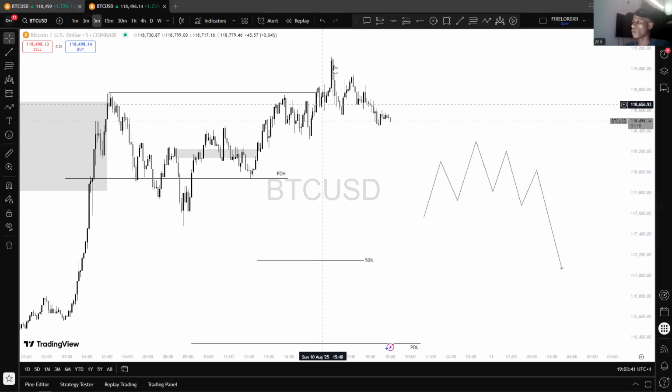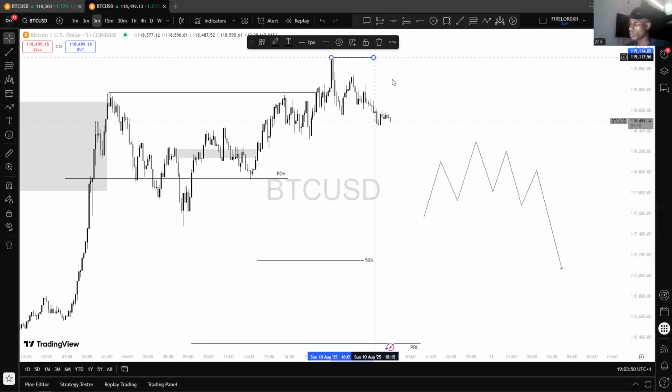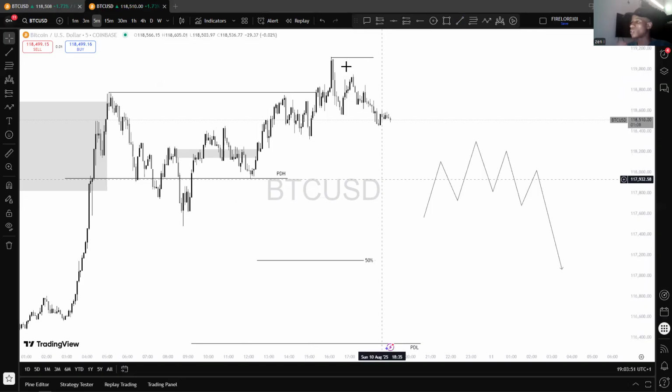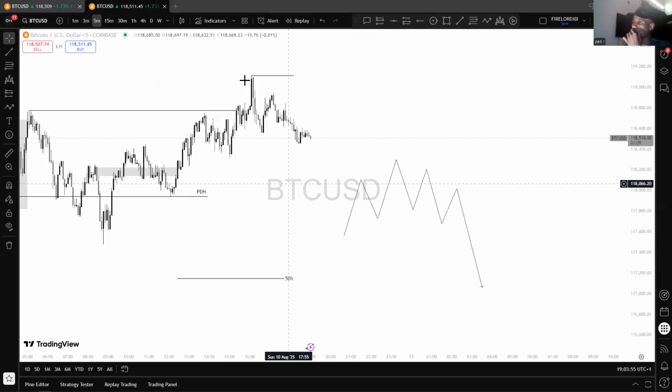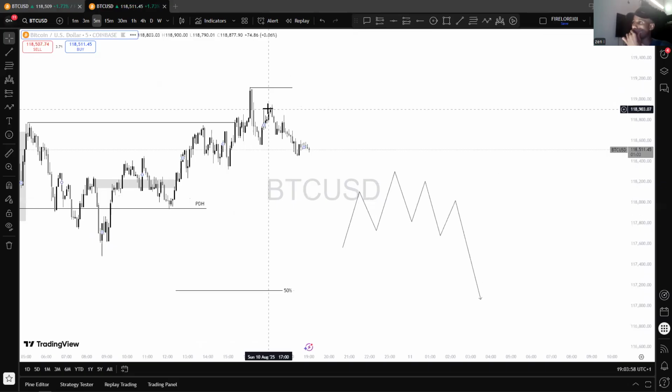Now, after price swept it, that is this guy. After price swept this guy, you could see that price pulled back, price then came back again and then we can see the market structure shift. I mean, it's very obvious.